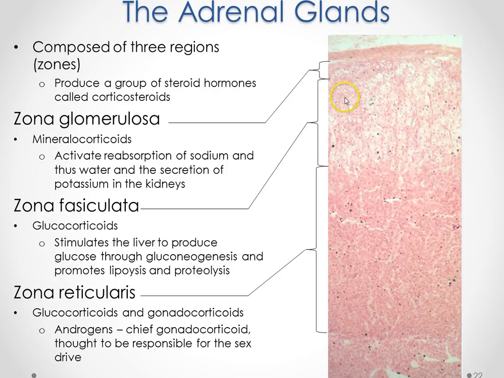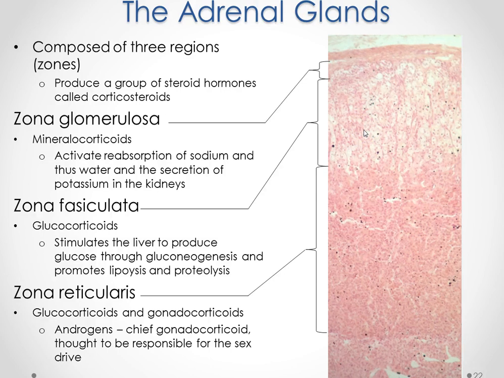The second region of the adrenal cortex is called the zona fasciculata. It's slightly larger than the zona glomerulosa, and it does not stain as dark. So you can see it's a lot lighter area in this region. This area is going to produce a group of steroid hormones called glucocorticoids.